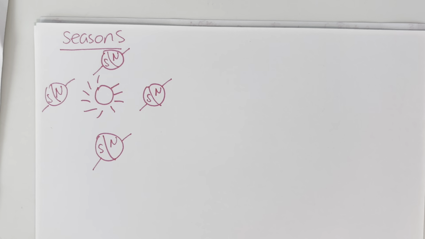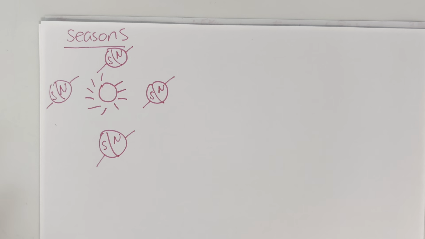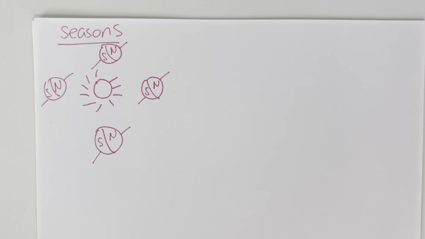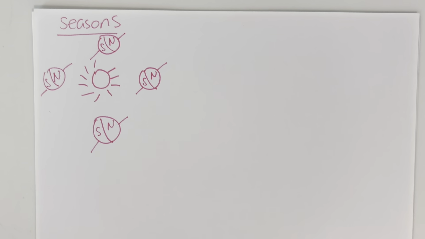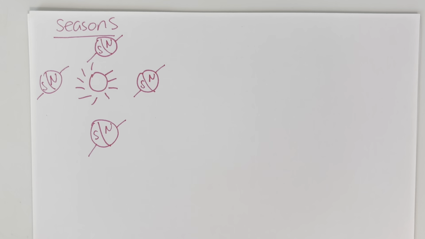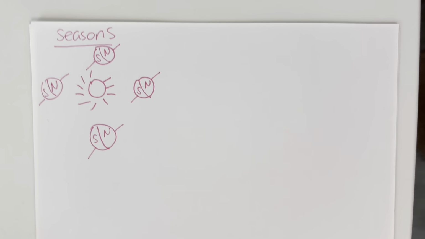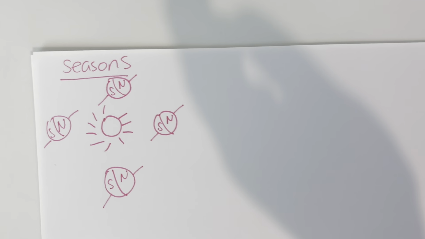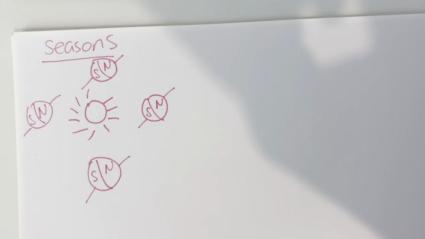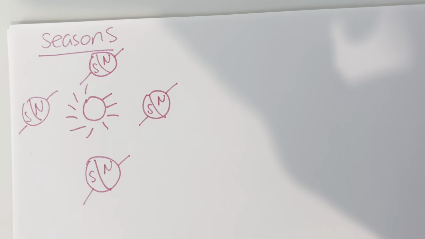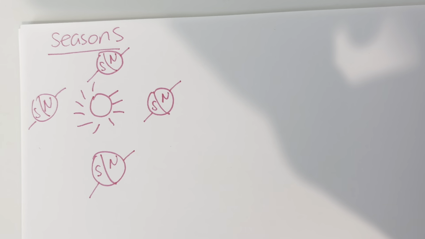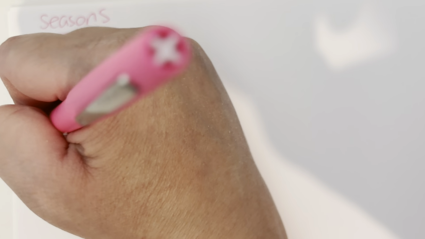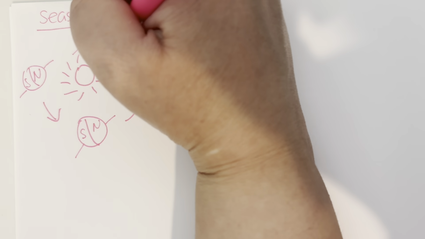Okay. All right, so now once I have that, I need to determine what hemisphere is closer to the sun or is pointing towards the sun, because that hemisphere is going to get more sunlight, and therefore it is more likely that that hemisphere is going to be in summer. So in this case, before we forget, we are rotating counterclockwise here.